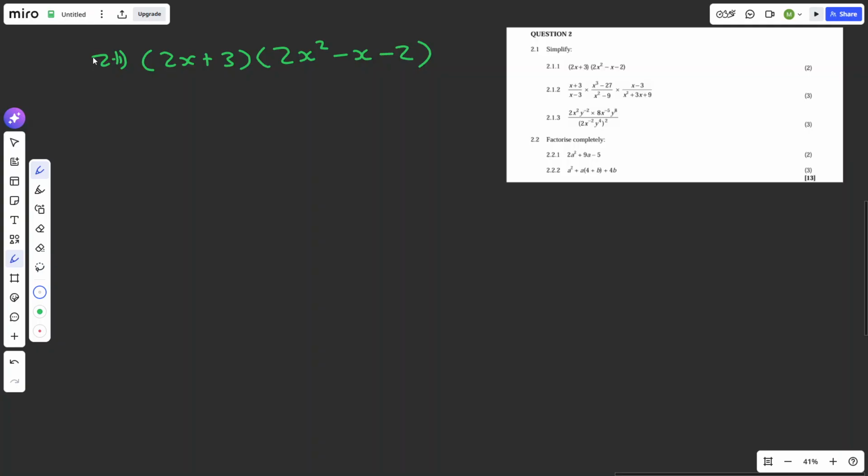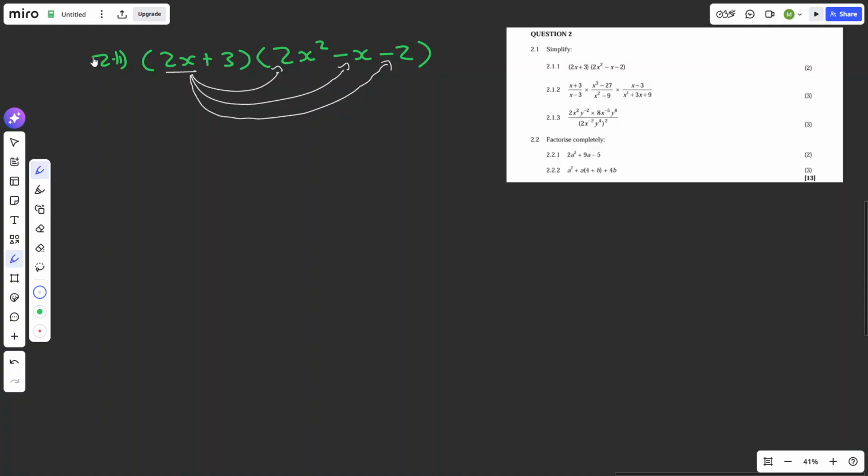So we're going to take 2x and multiply that by 2x squared, multiply it again by minus x, and then lastly, multiply by minus 2. So we expect to see three terms through this multiplication.